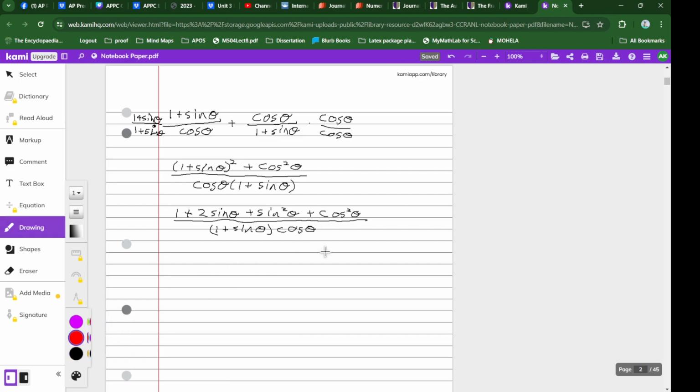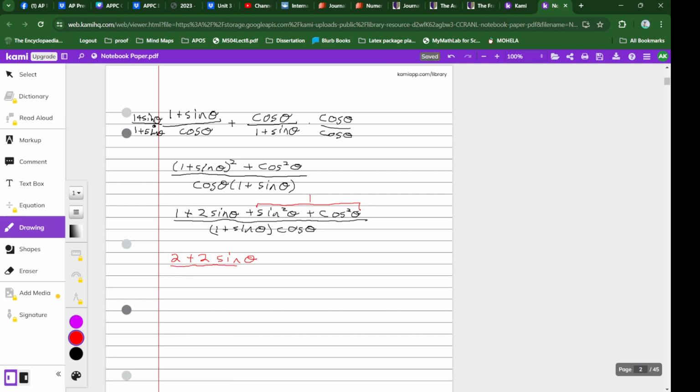Okay, so this part right here, sine squared theta plus cosine squared theta, that is just 1. That means I have 2 plus 2 sine theta in my numerator.